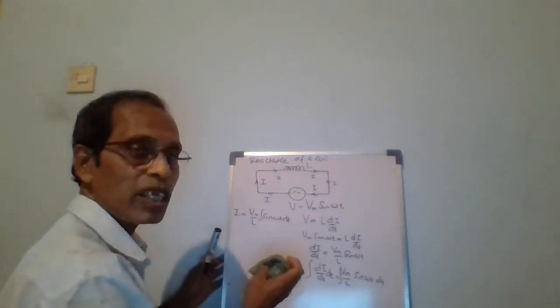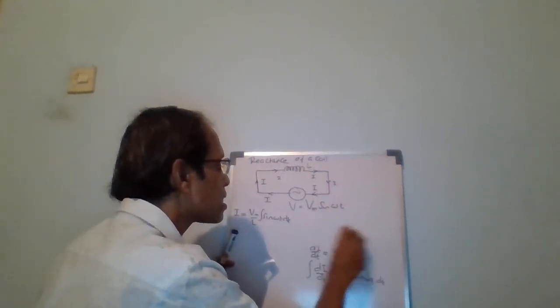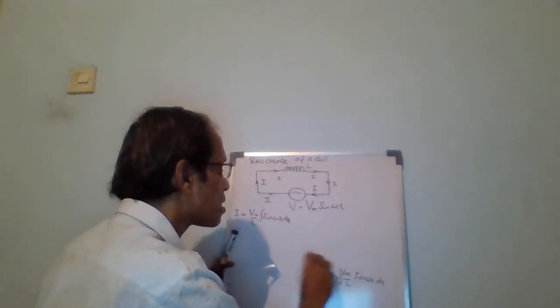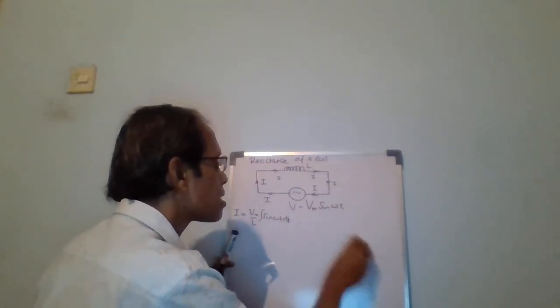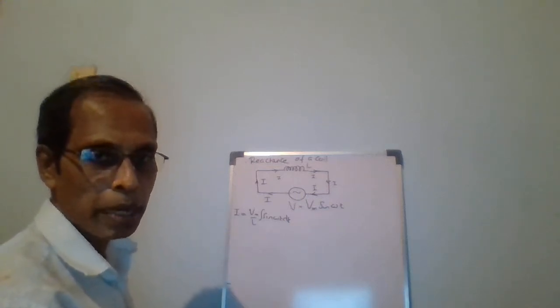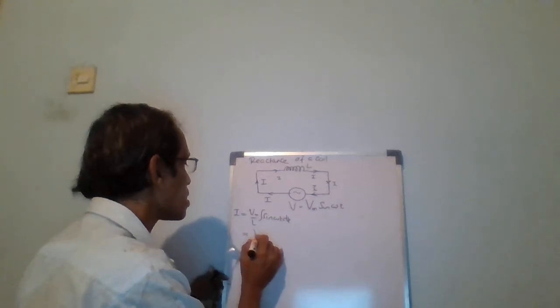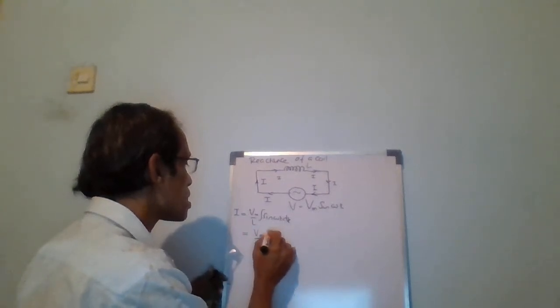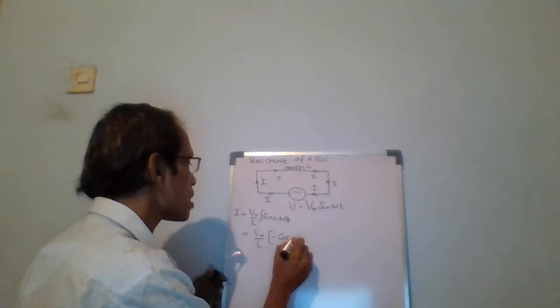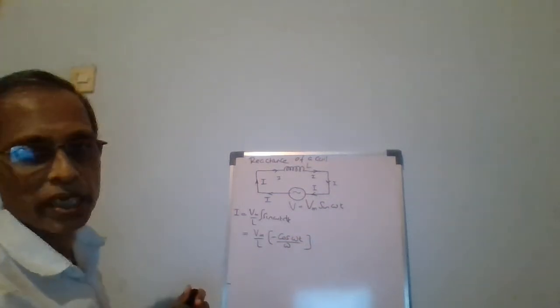If we integrate sin omega t, what is happening here? If we integrate the sine, it becomes minus cos. Minus cos omega t divided by omega.